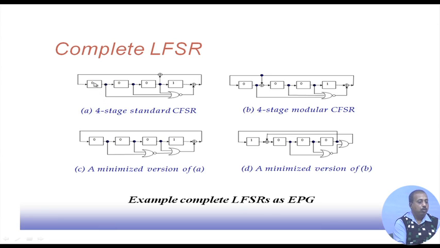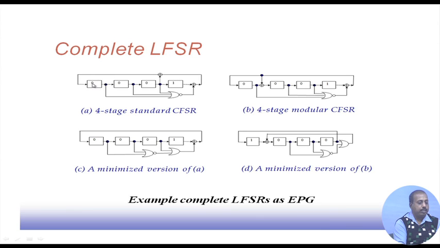What is done when the cell contents are 0 0 0 1? We use a NOR gate here. This NOR gate getting all inputs as 0 will make the output 1, and this XOR gate output will become 0. As a result, this cell will get a 0, and in the next cycle this 0 will shift here, so the content of the cells will become all 0.